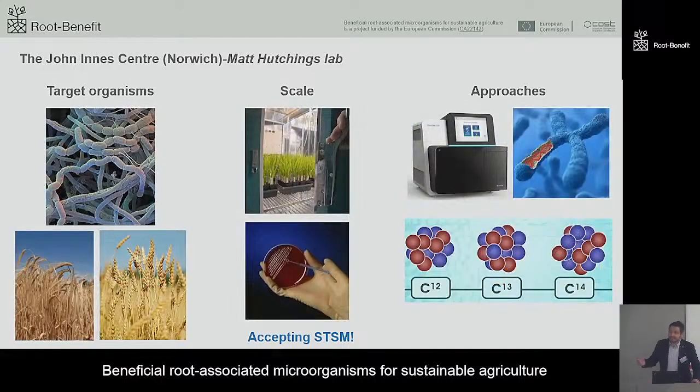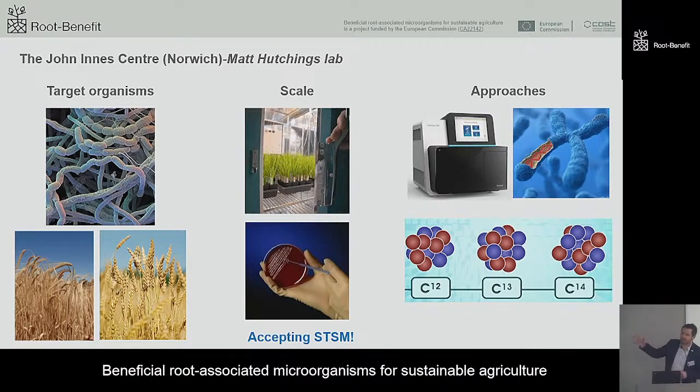Then the John Innes Centre in Norwich is, in terms of research institutions, one of the more active institutions working with plant sciences in the UK, certainly one that profits from better funding. Matt Hutchings' lab is working with bacteria and predominantly with Streptomyces. Their interest is again cereal species, so wheat and barley.